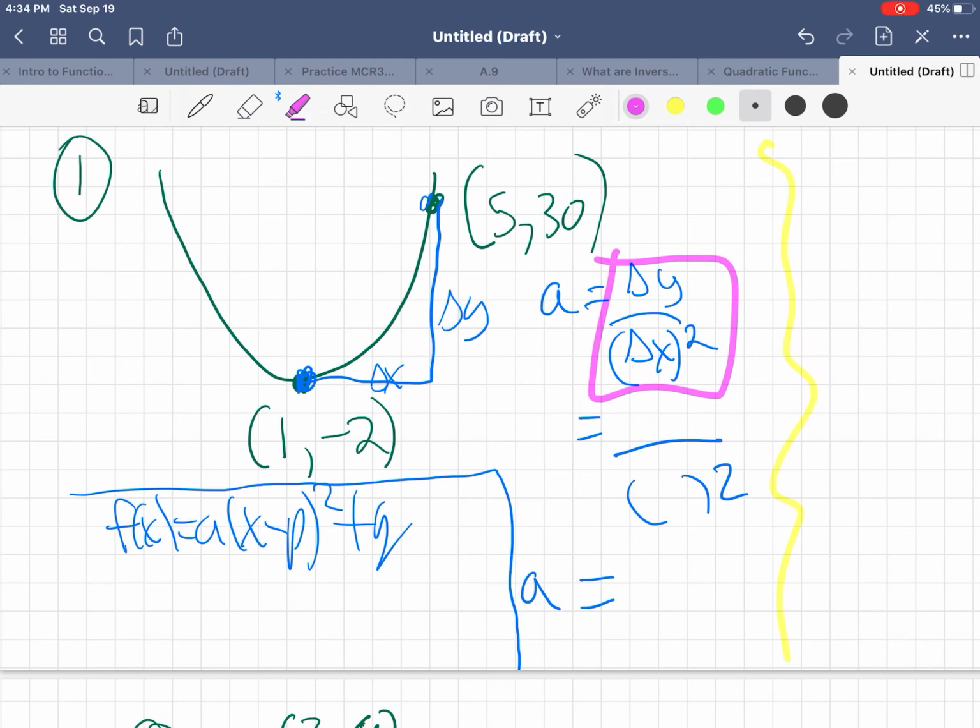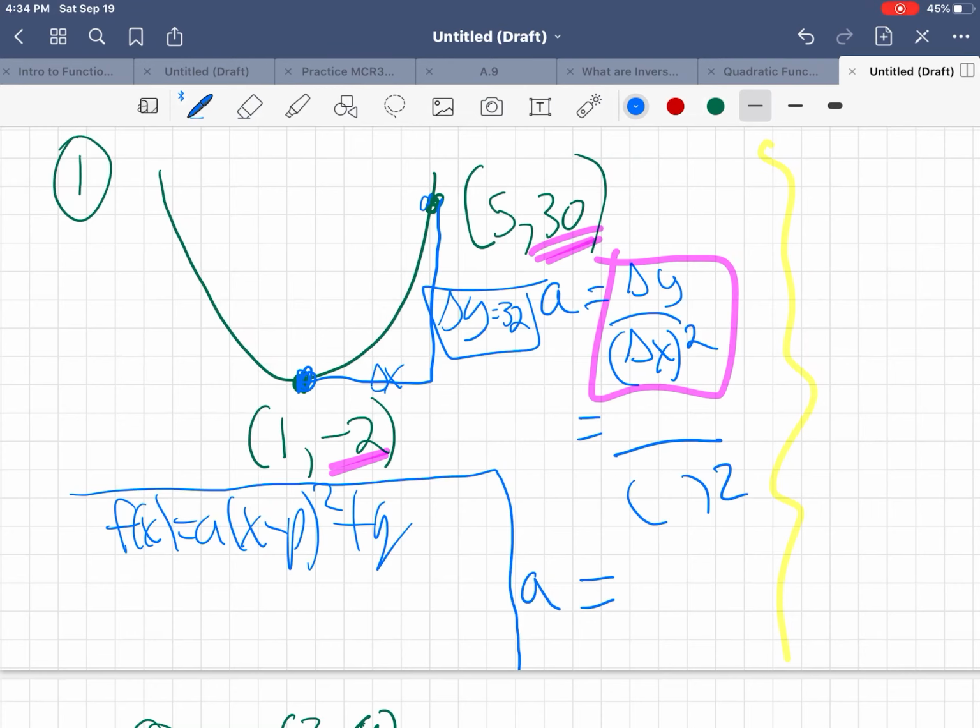So if you look at this one, y goes from negative 2 to 30. If you start at negative 2, you have to go 2 to get to 0, and then another 30. Or I can do 30 minus negative 2. Either way, delta y is 32. What's delta x?